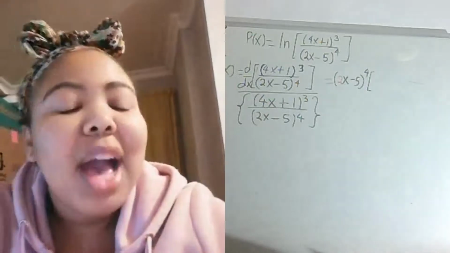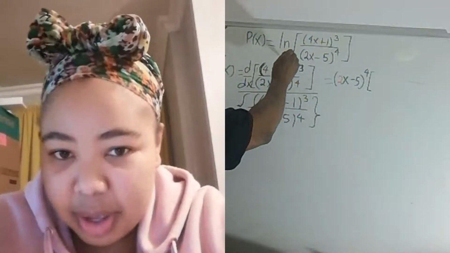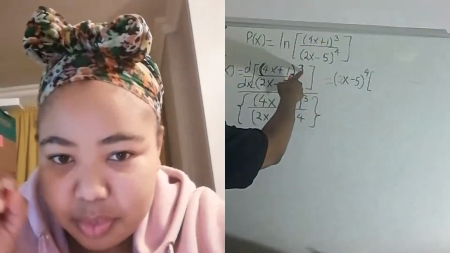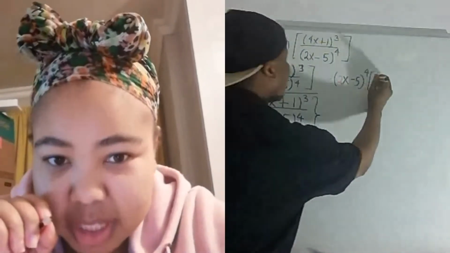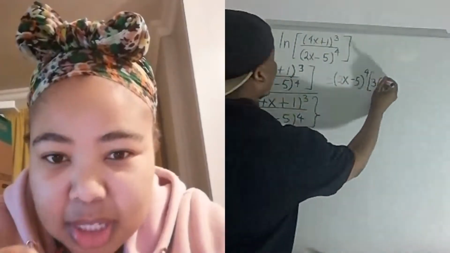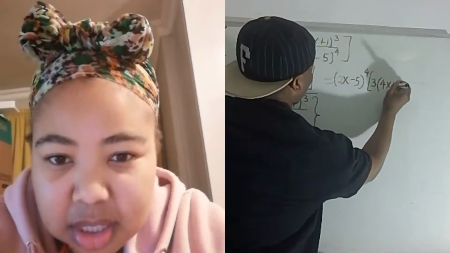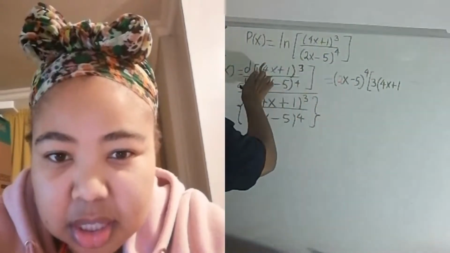Oh yes, I forgot, I was treating it separately. Sorry. So it's going to be 3. We take this number 3 times (4x plus 1), we drop the power by one, so it's (4x plus 1) squared. Because we're going to take 3 times 1.